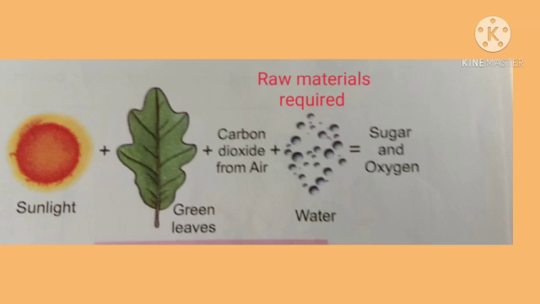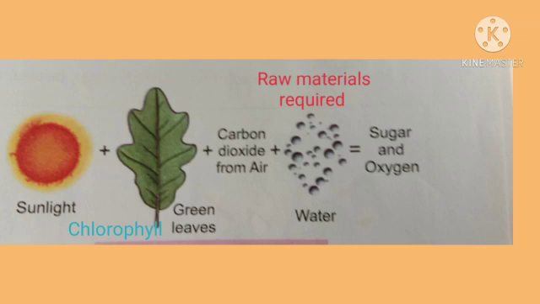Now in photosynthesis, the most important raw materials needed are carbon dioxide from air and water from soil. The helpers are sunlight and chlorophyll.